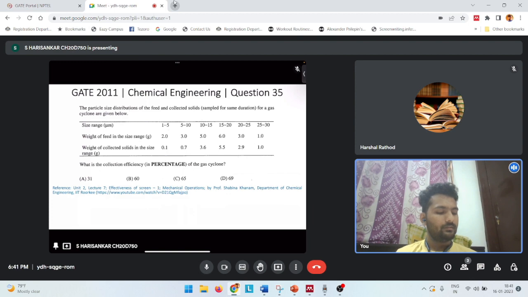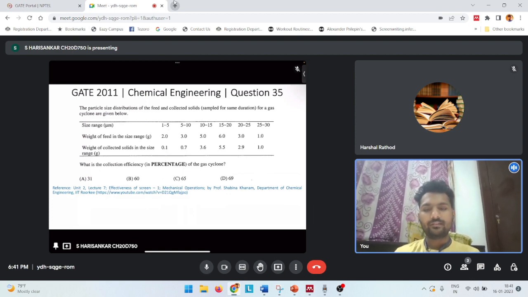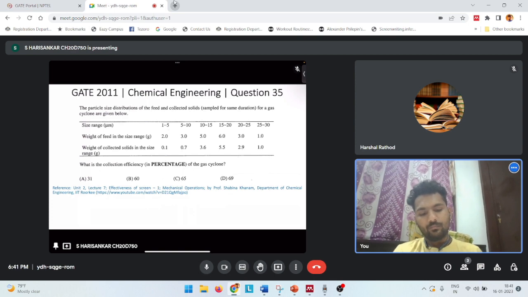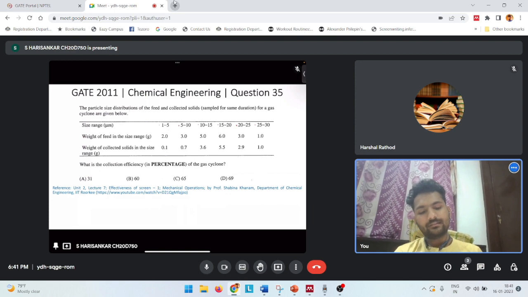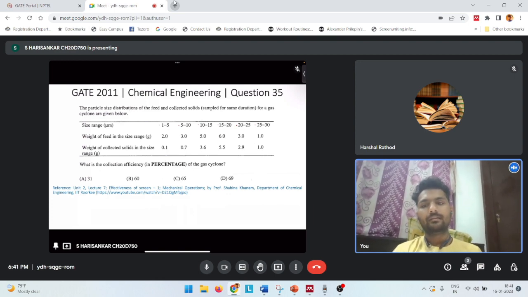So here they have given us 6 different ranges of particles: 1 to 5, 5 to 10, 10 to 15, 15 to 20, 20 to 25, and 25 to 30. And they have given us the feed of the particles in these size ranges as 2, 3, 5, 6, 3, and 1 respectively.